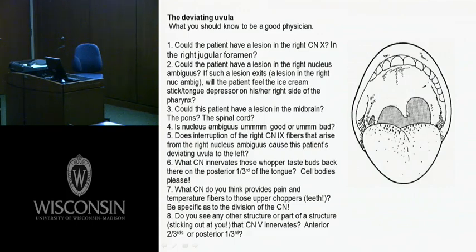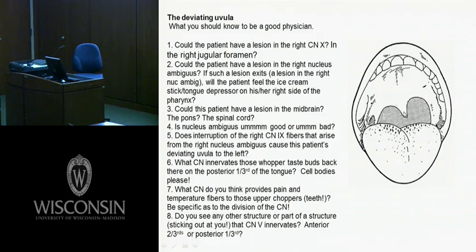Now, when I look at a deviating uvula like this, I'm immediately going to think about what cranial nerve damage has occurred. Because I know nucleus ambiguus via cranial nerve 10 is going to innervate this. I also know nucleus ambiguus gets a bilateral input, so no lesion involving corticobulbars is going to give you any deficit here.